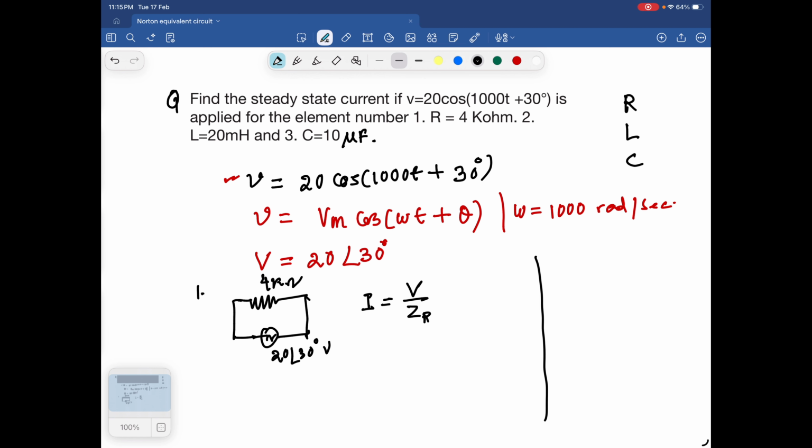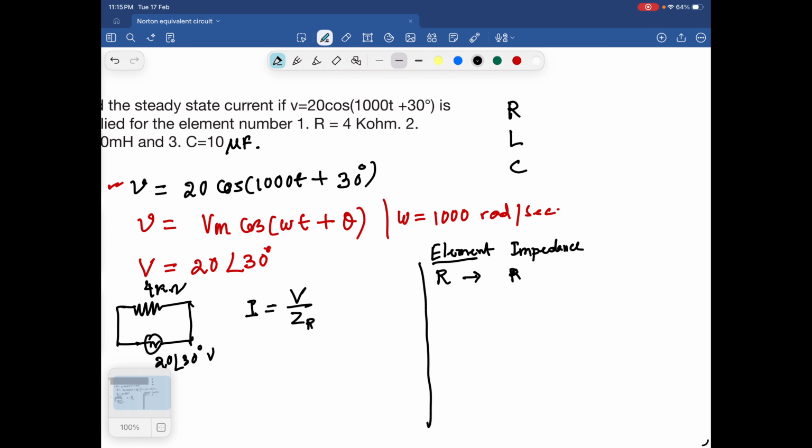Here I will tell you, if the element is resistance, then its impedance is R, and admittance is 1 upon R. It is denoted as G.